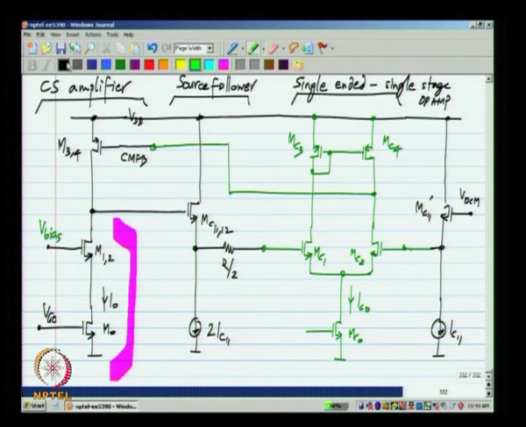Now, what do we know about the stability of this? If you observe this circuit, what we have is equivalent to a 2 stage op amp with an additional source follower buffer. The source follower buffer came because we used a buffered common mode feedback stage. If we did not use that, even that would not be there. Because what we have in a 2 stage op amp is a single ended single stage op amp followed by a common source amplifier.